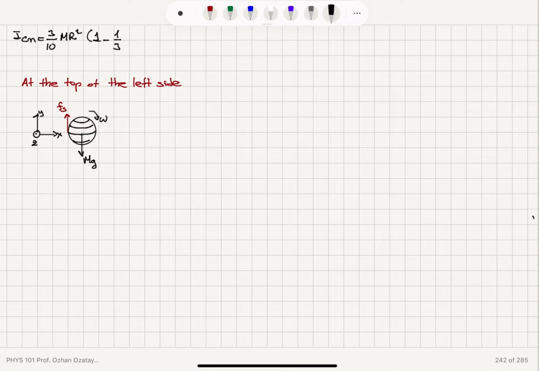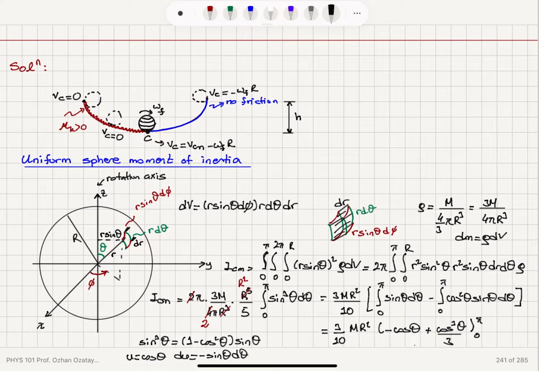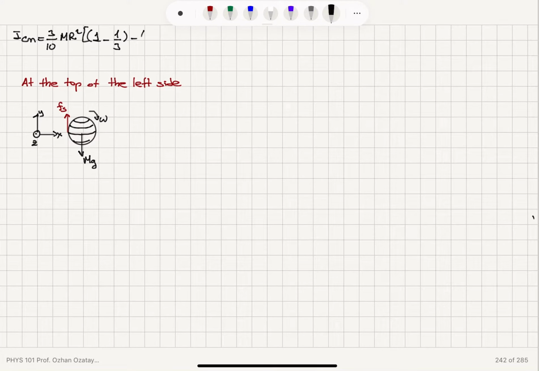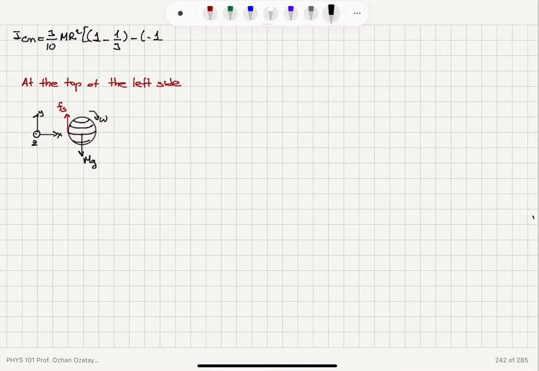And then I can substitute zero, so that gives me minus 1, because it's minus cosine 0, and then I will have plus 1 over 3. So this will give me 3 over 10 m r squared.